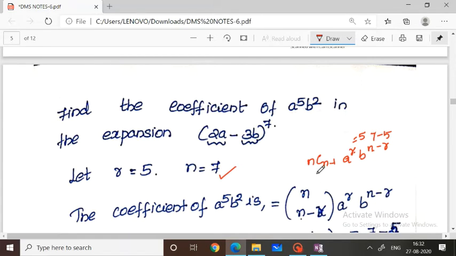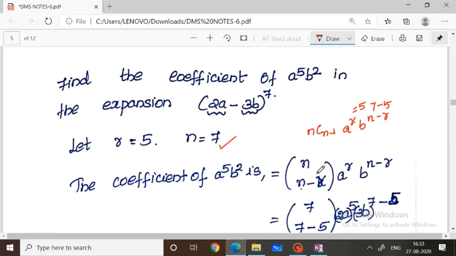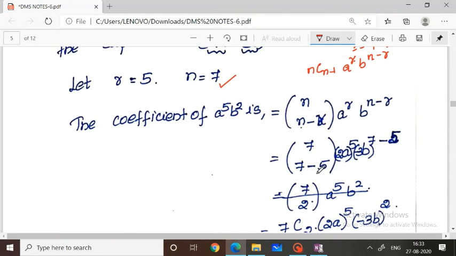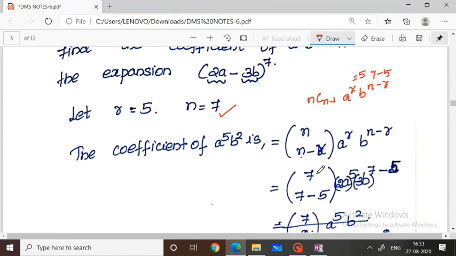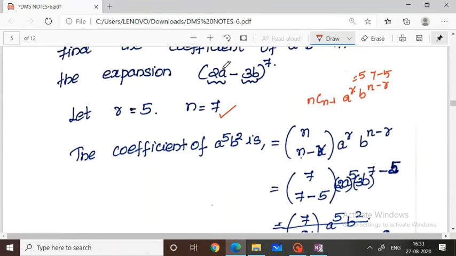So first, let r be equal to 5, and I will substitute into it. Here, the term in place of a is 2a, and instead of b we substitute minus 3b.